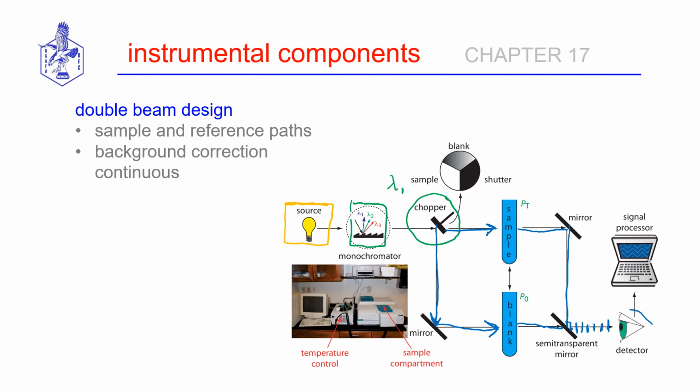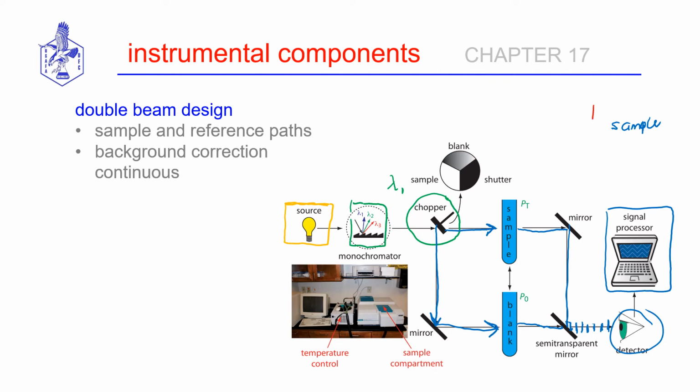The detector is going to respond to the photons coming in, and the computer is going to compare the power or intensity of the light coming through for my sample. And let me go back and use a different symbol.